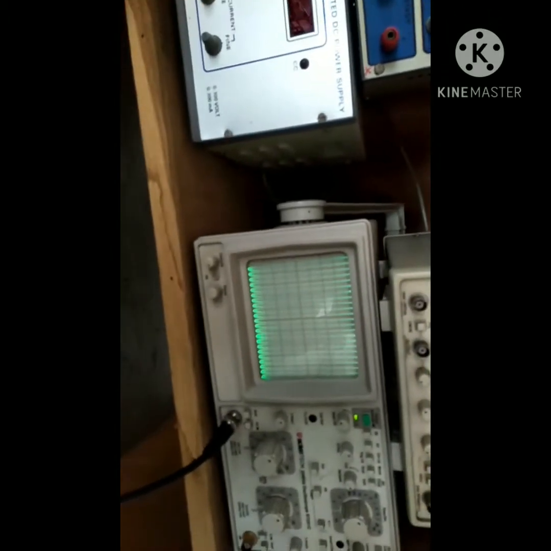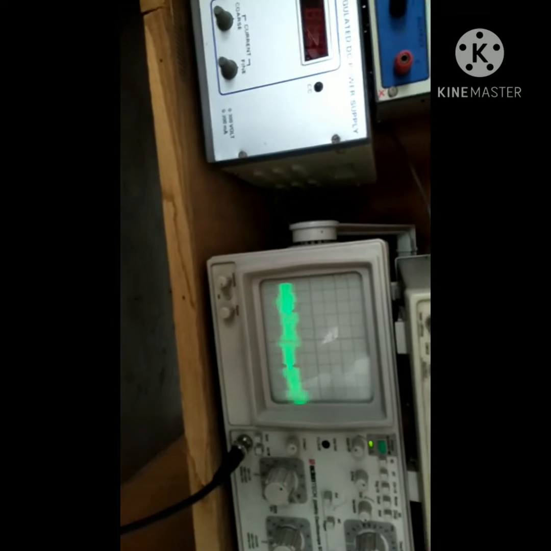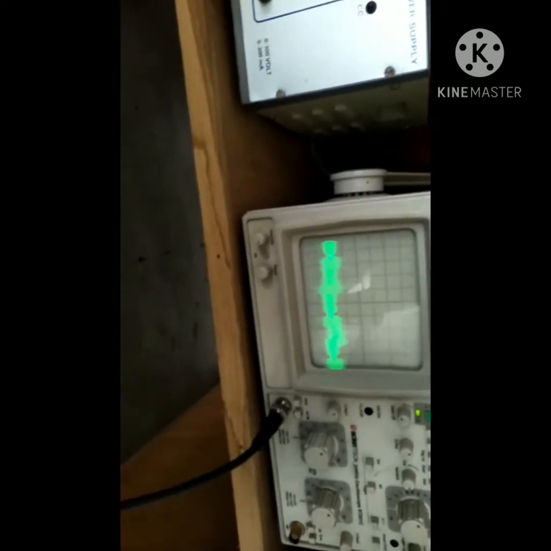Now first we will see the input voltage which is applied to this circuit.